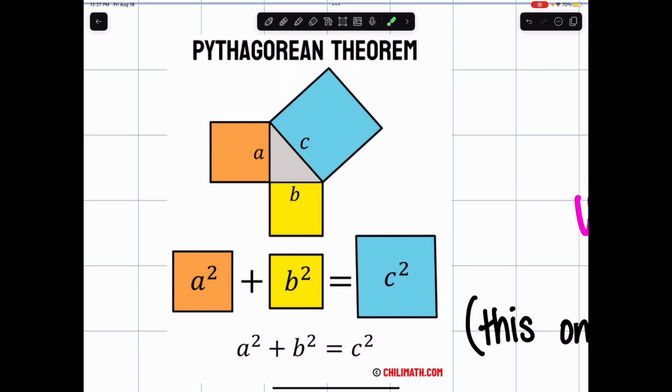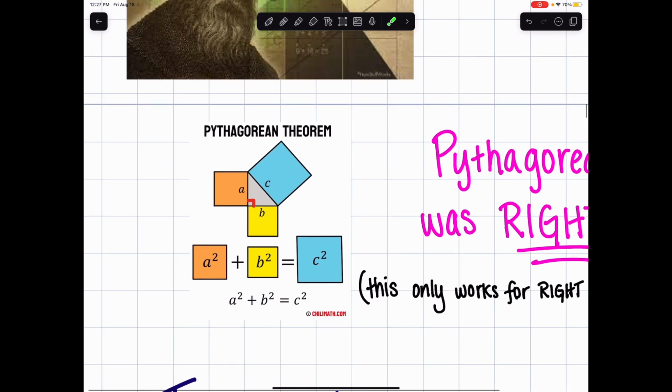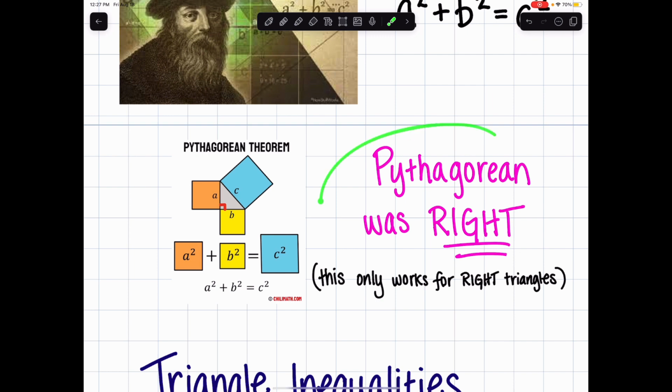So that's kind of cool. But it only works for right triangles. So I'm going to put a little square right there to indicate that that is a 90-degree angle in this triangle. It has to be a right triangle. So you can remember that by thinking Pythagorean was right, but it only works for right triangles because A squared and B squared have to be the shorter sides, and C squared has to be the hypotenuse in the right triangle.